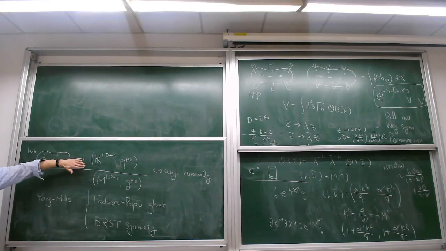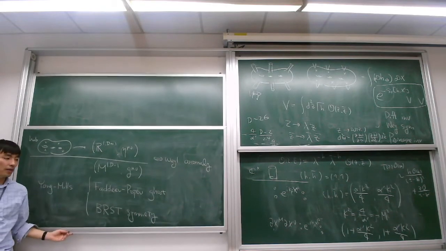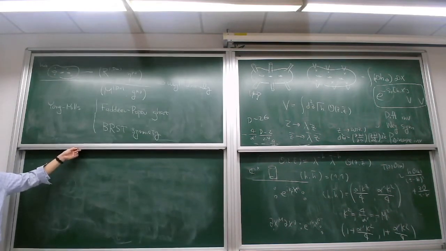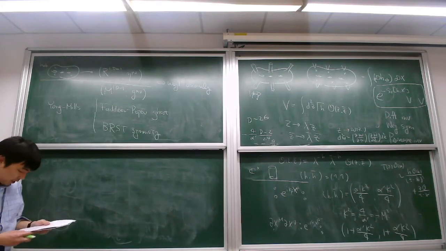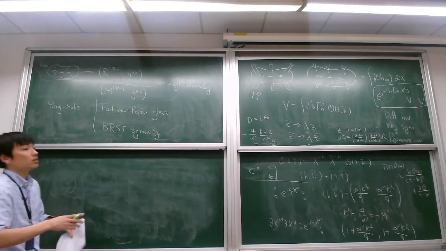So let's slightly generalize the problem: instead of the plane, we generalize the metric of the 2D Riemann surface to a more general one, keeping the target as a free theory. Then we can see the so-called Weyl anomaly.